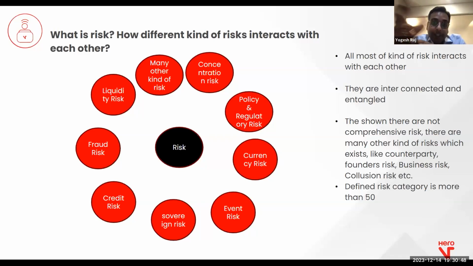Another risk can be currency risk. This happens if you are doing business across two geographies. For example, I'm doing business in India and the US as well, and I'm, let's say, taking loans in dollars, but I'm doing business in rupees. That's one of the major issues which happened in the Anil Ambani case. Anil Ambani got loans at a very cheap interest rate, but he got the loan in dollars.